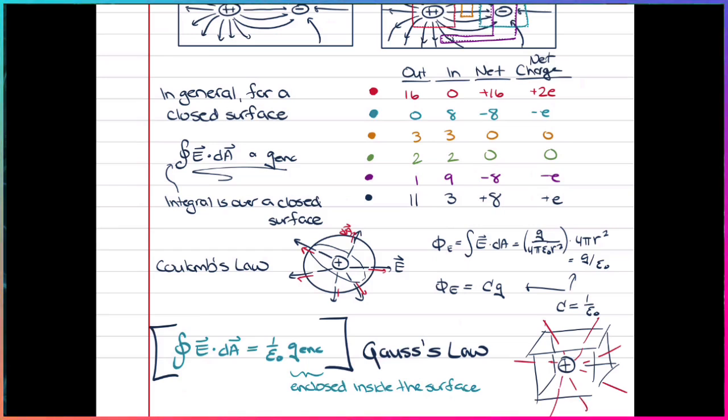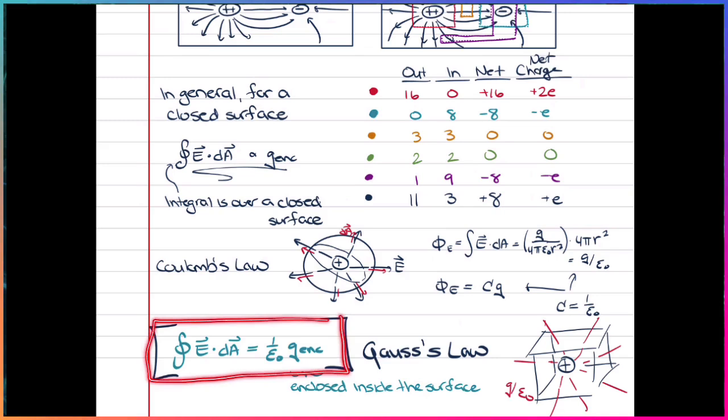What is the flux through the surface of the box? Without having to do a single integral, it is Q over epsilon naught, because Gauss's law says the flux over any closed surface is equal to the net charge inside that surface, over epsilon naught.